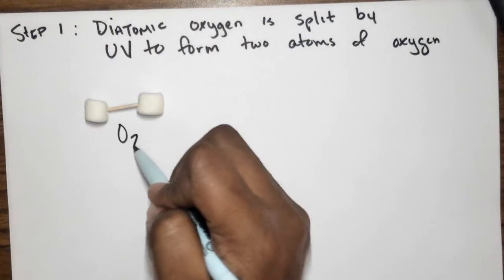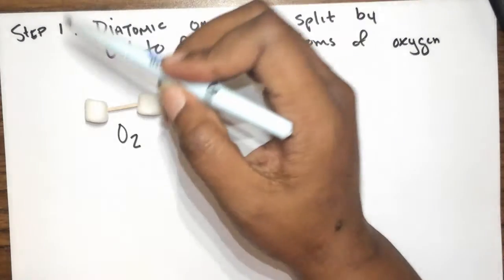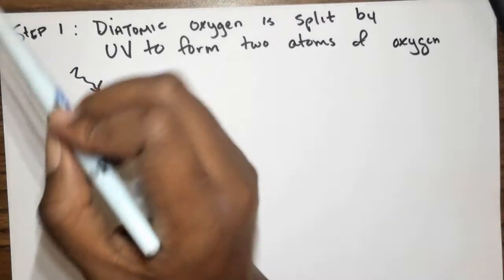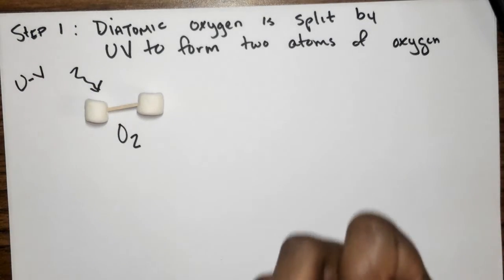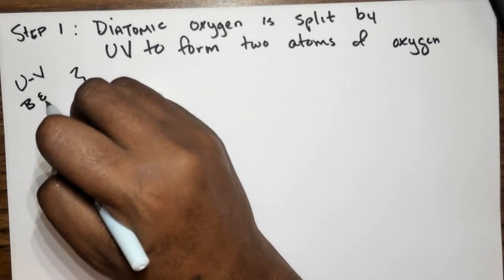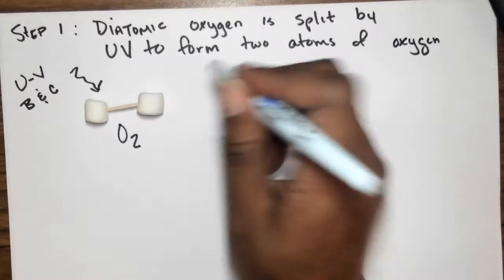as O2. Okay, now the sun beaming down, right? And so I'm going to get UV rays, specifically UVB and UVC. So UVB and UVC is going to break my oxygen molecule.